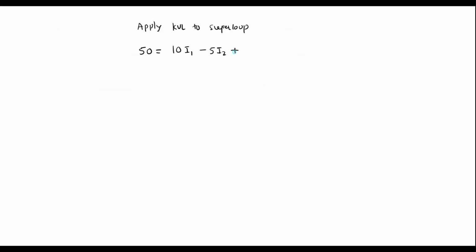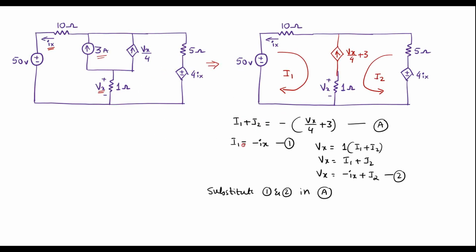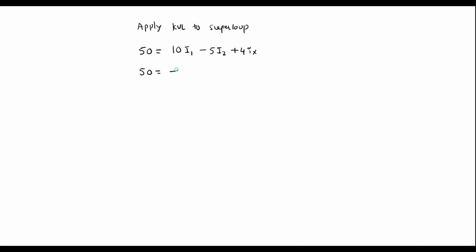Or I can write 50 is equal to, since we already know I1 is nothing but minus Ix, minus 10 Ix minus 5 I2 plus 4 Ix, or 50 is equal to minus 10 Ix plus 4 Ix, that is minus 6 Ix minus 5 I2. Let this be equation number 4.